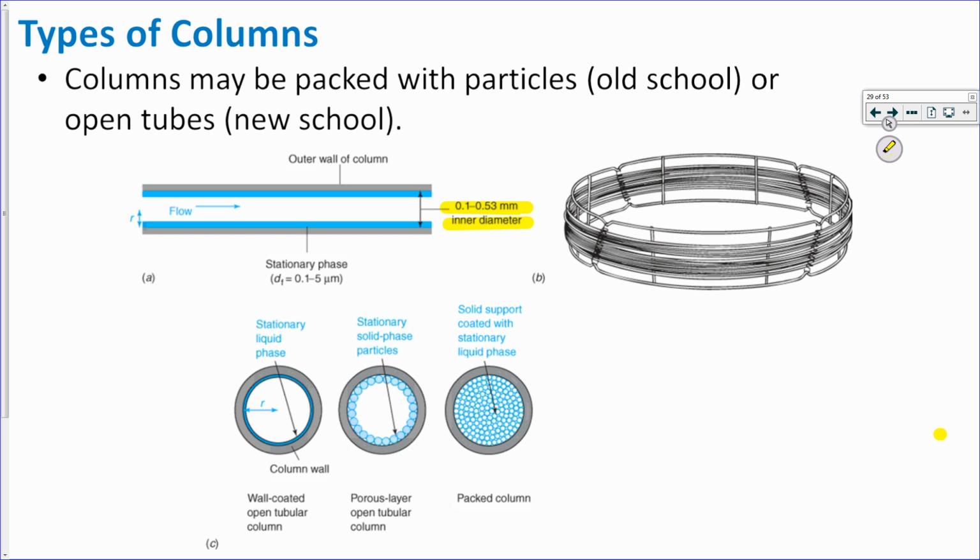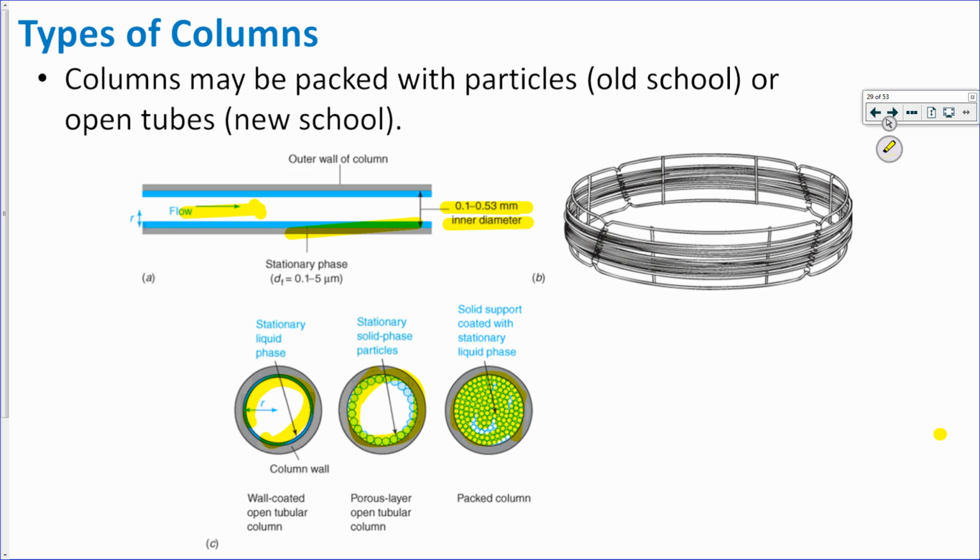On the inside wall of these we put our stationary phase. So you've got the gas flowing down inside, and then the stationary phase. We can put the stationary phase just as a viscous film on the surface, or if we need more surface area, we can put particles on the walls. It's just an engineering issue that's been conquered. If we need even more stationary phase, we can fill the whole capillary tube up with tiny particles. These are things that we engineer very specifically.